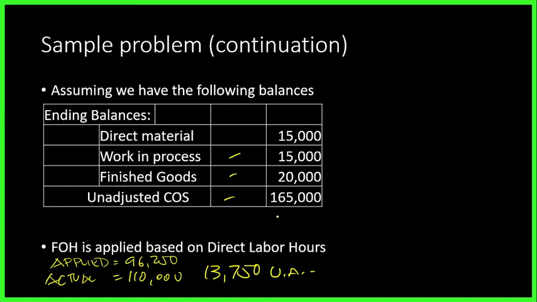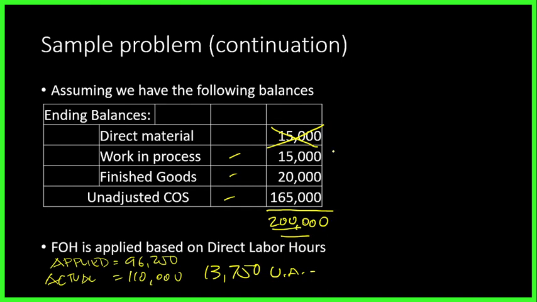So, maybe we can do that now. Direct materials, is it included? No, it's not included. So we'll just use this 15 plus 20, that will be 35. So this will now be 200,000. What will now be our rate?